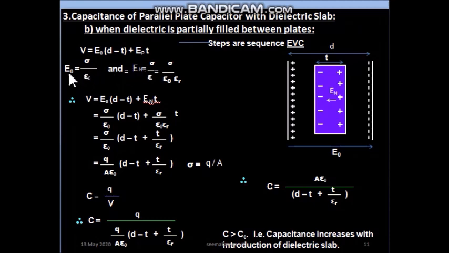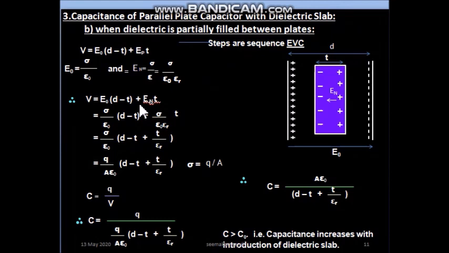Now after getting the E0 and En values, as per the steps, after getting the electric field values, we have to now proceed to voltage between the plates. Okay, let us proceed to voltage.